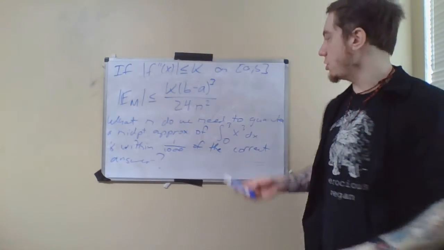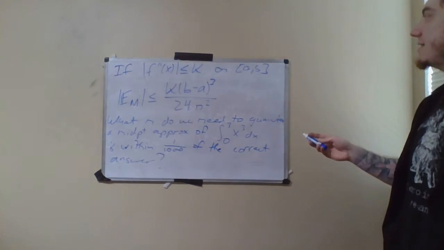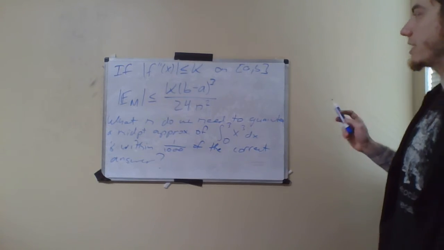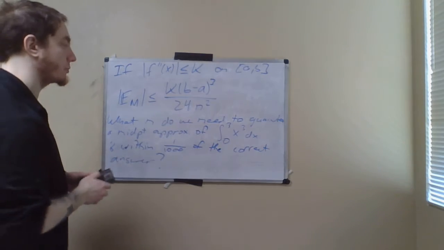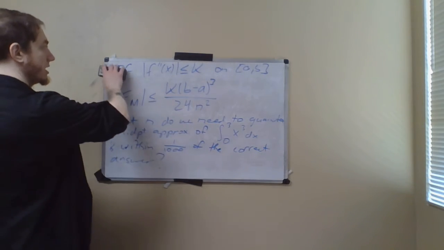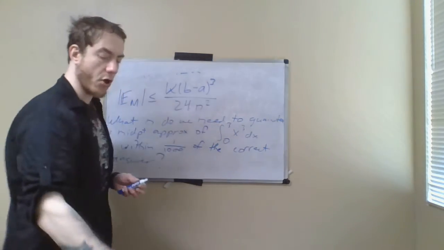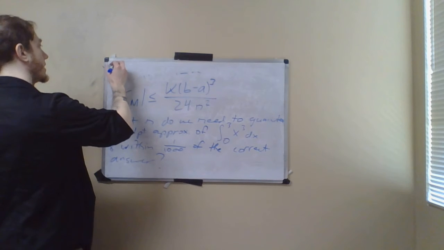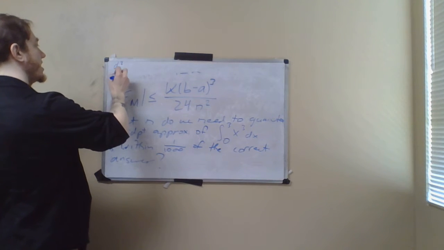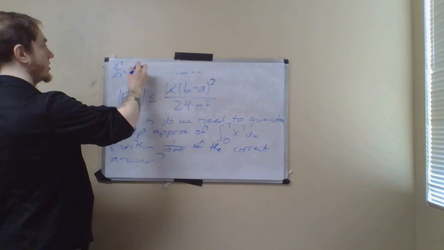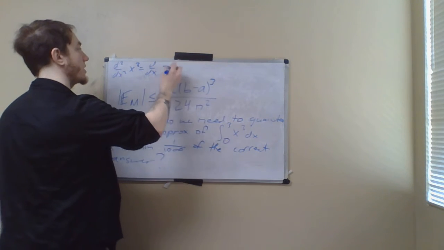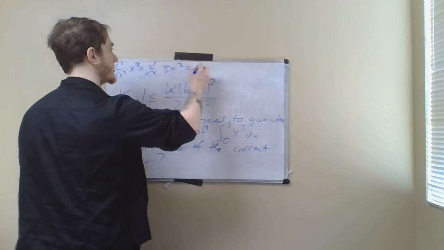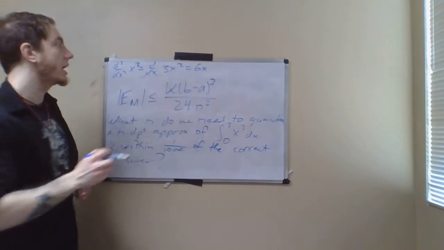So we want to know how to do this, and the answer is the following. We need to find a bound on the second derivative of this function. If I take the second derivative of x cubed, the first derivative is 3x squared, and the second comes out to be 6x.